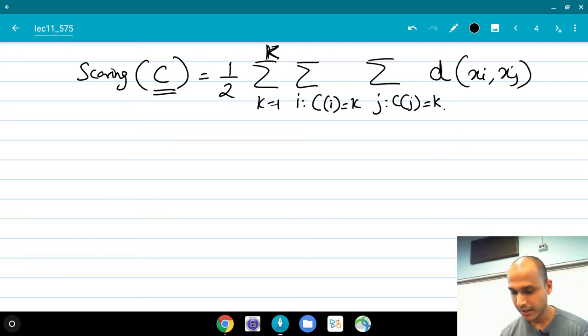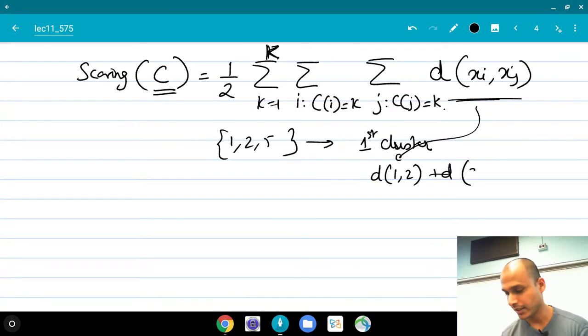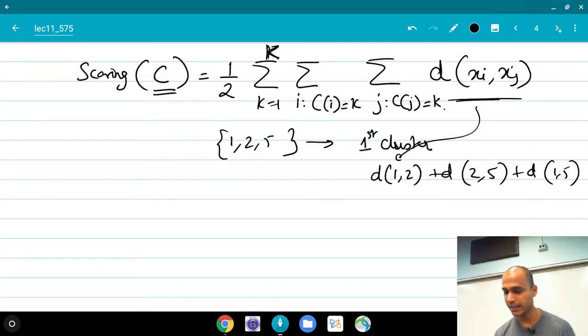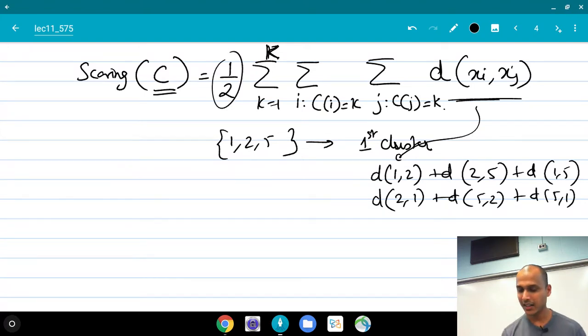So if 1, 2, and 5 belong to the first cluster, then this measure for the first cluster would be d12 plus d25 plus d15, and actually 2 times that, so it also says d21 plus d52 plus d51. It's just pairwise distances or dissimilarities, and that's why there's a 1/2, so I'm not taking into account an order relationship. But don't worry about the 1/2.